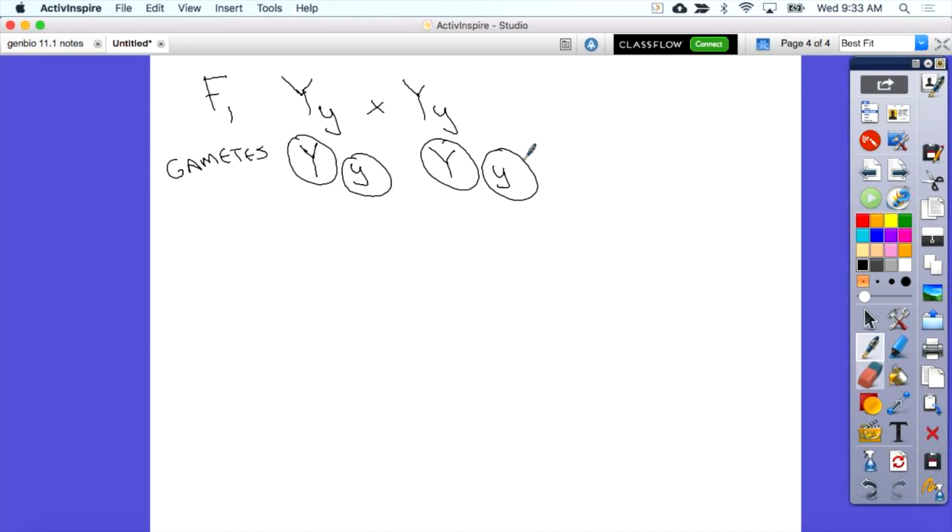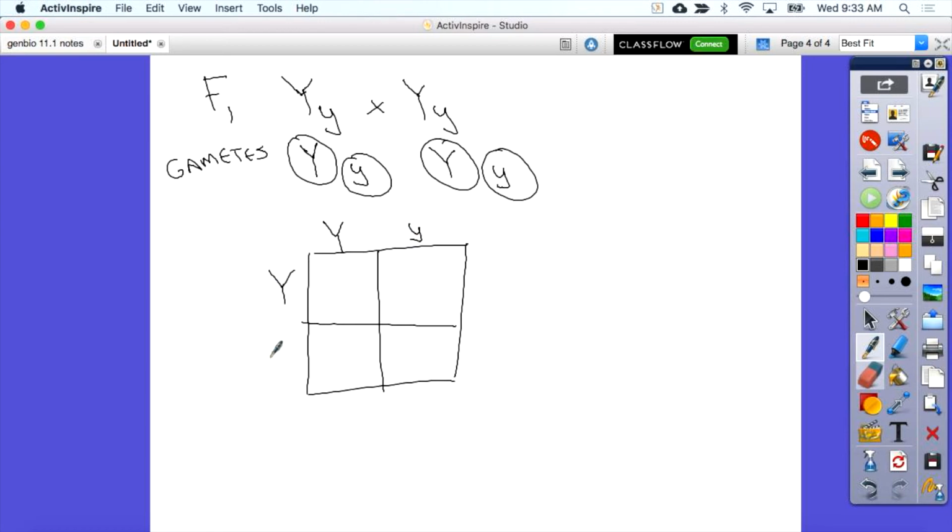And so again, we see that the number of boxes in our Punnett square is going to be a 2 by 2. Put the gametes from one parent here and the other parent right here.